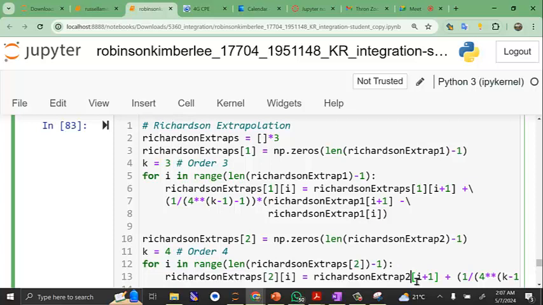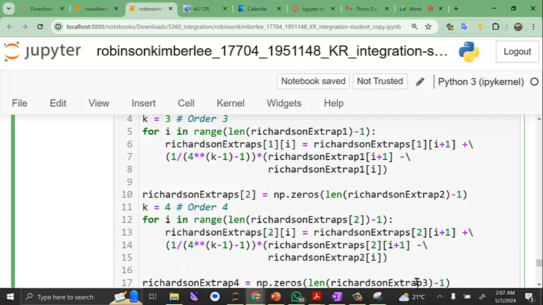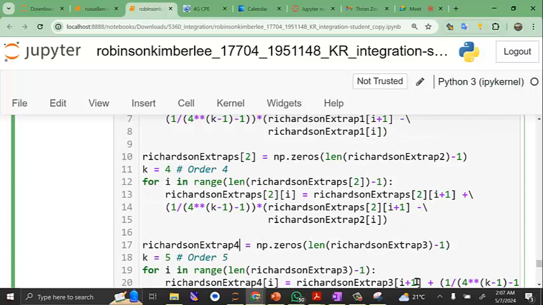Well, since I started, we might as well finish it. So here we have this. And then here we have this. And then this would be 3. Okay. And then this would be 3. Whoops.